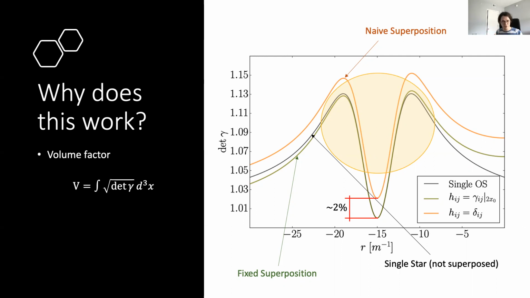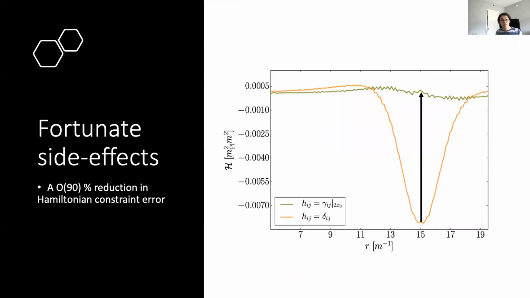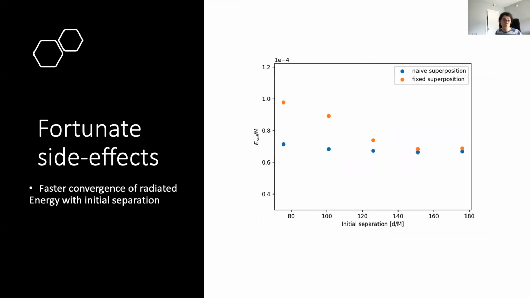And by choosing this slightly different metric, you get some very fortunate side effects. For example, the initial Hamiltonian constraint through the center of the star just reduces by an order of magnitude. Furthermore, it helps you with having better radiated energy with initial radius.